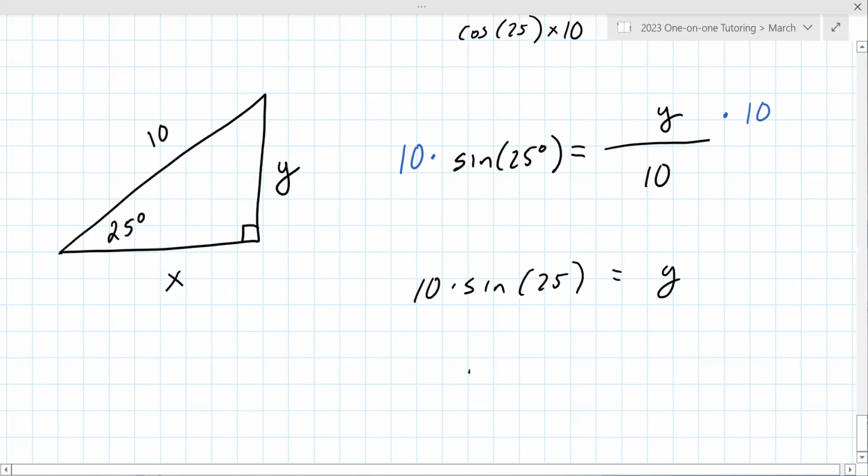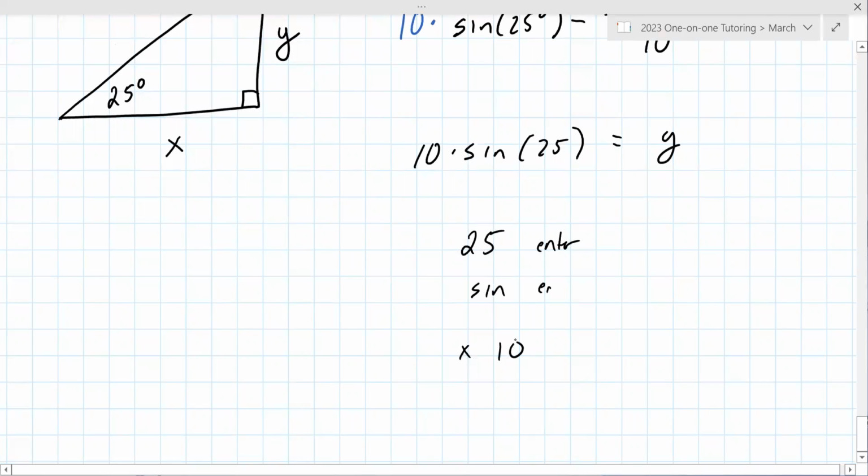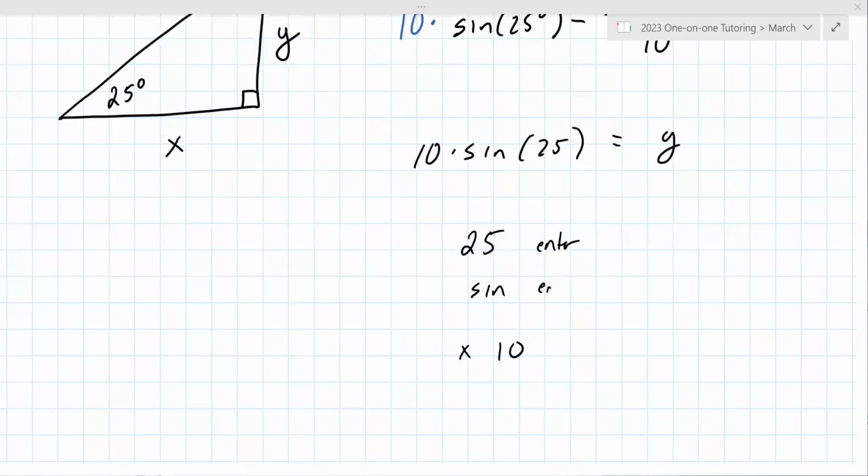So in your calculator, you have to type in the 25, enter, sine, and it should give you the result. And then you have to multiply that by 10. 4.6.